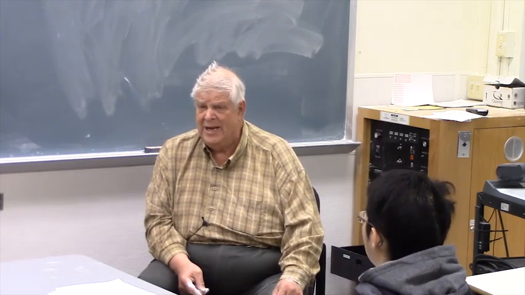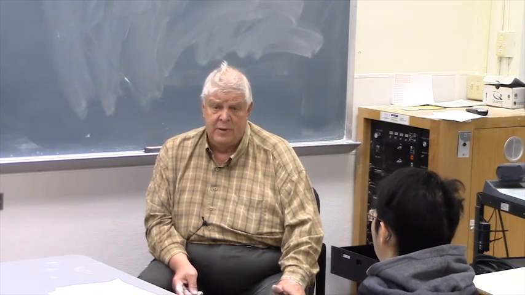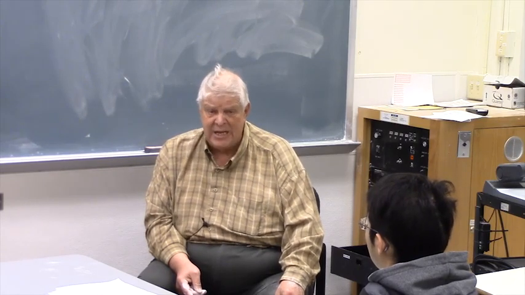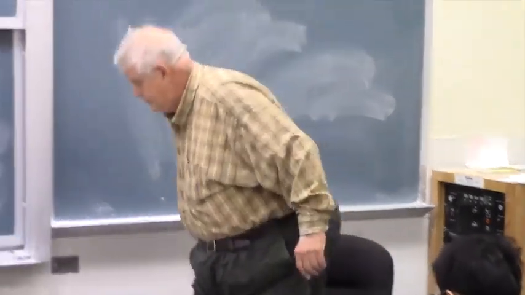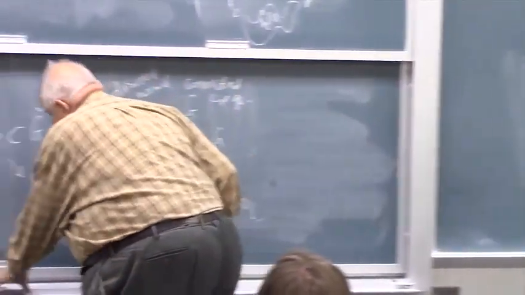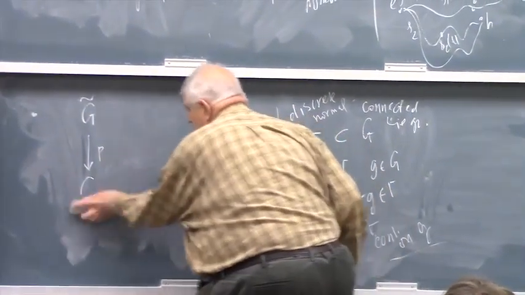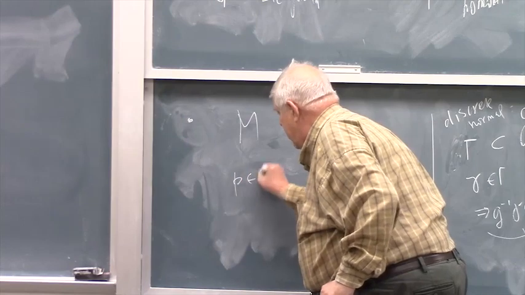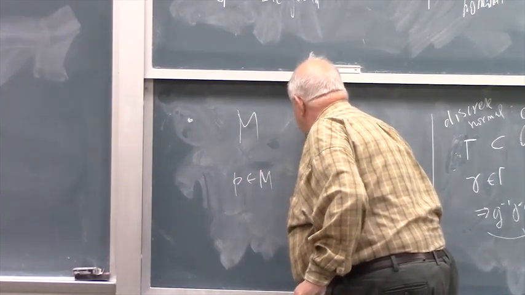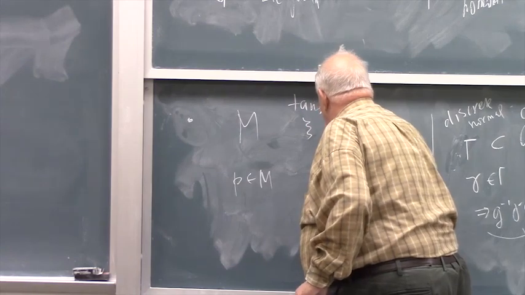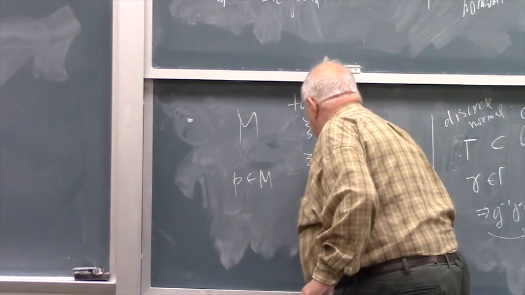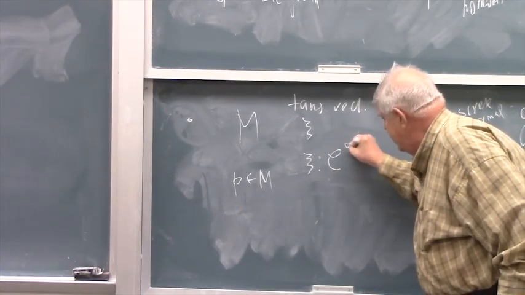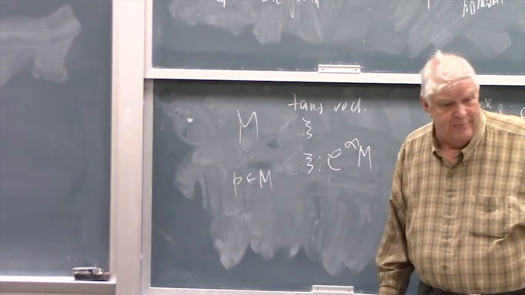I identify a tangent vector with the operator of directional derivative, which means that we have a manifold M and a point P in M. A tangent vector Xi is defined as a map of the space of all smooth functions on M into R.